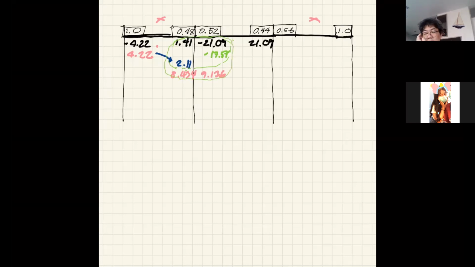Okay, and the sigma moment here should be equal to 0. All right, and for support C, that's minus 9.28, and this is equal to minus 11.8. So now you can say that's the end of your first cycle.